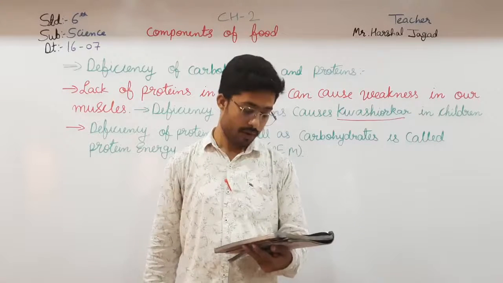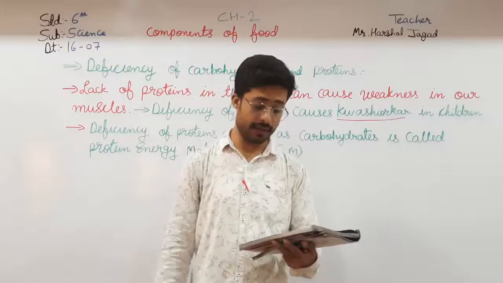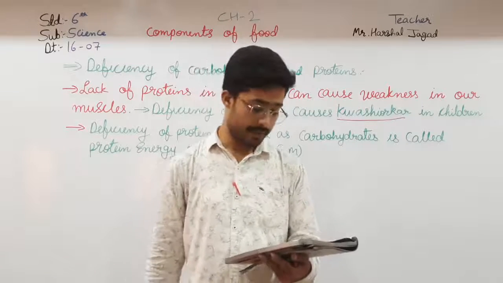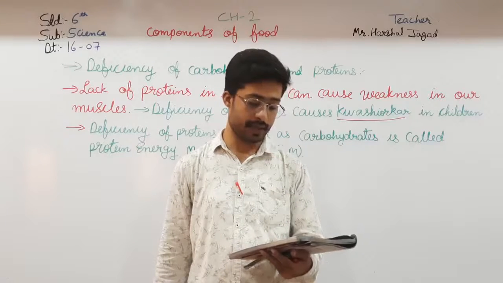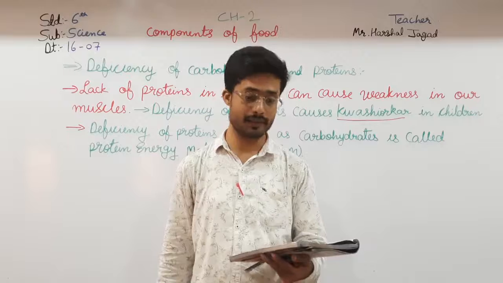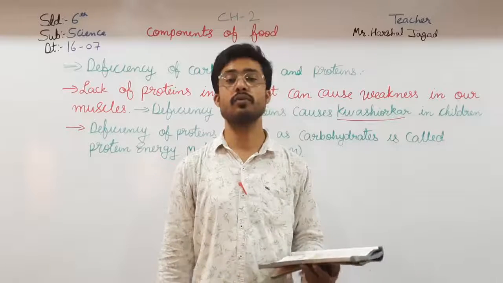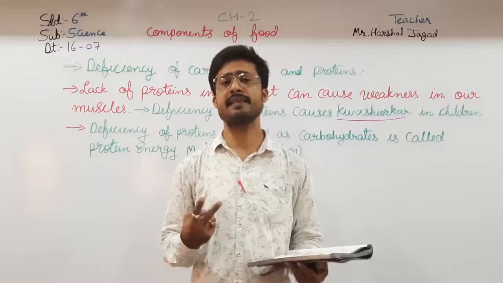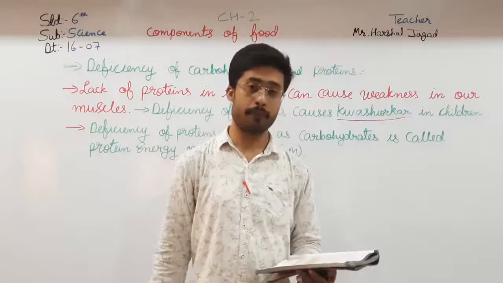PEM leads to marasmus, which is the second figure B. You can see it is given, in children under 5 years of age. Its symptoms are thin body, weak legs, poor muscle development and mental retardation.